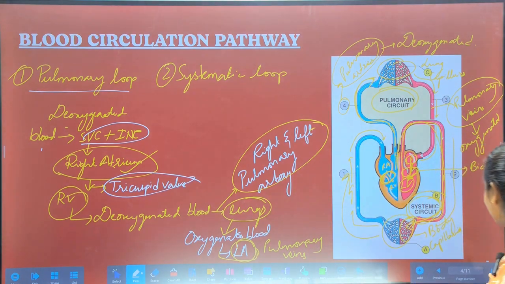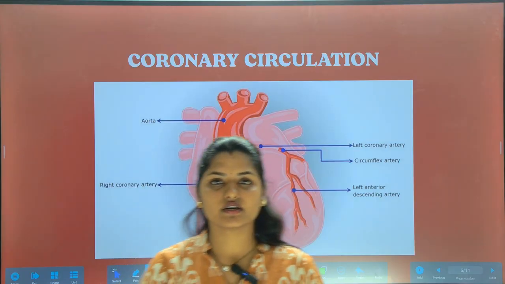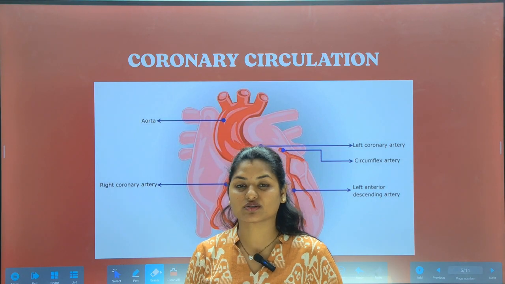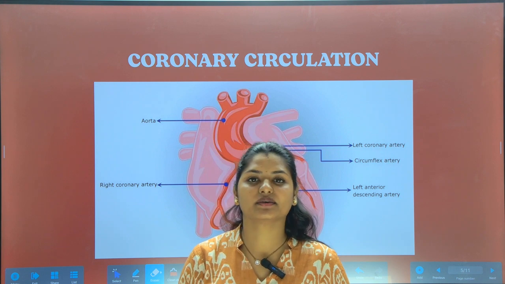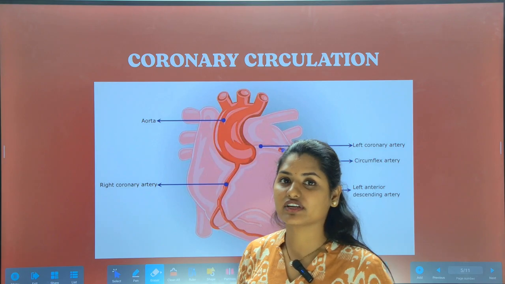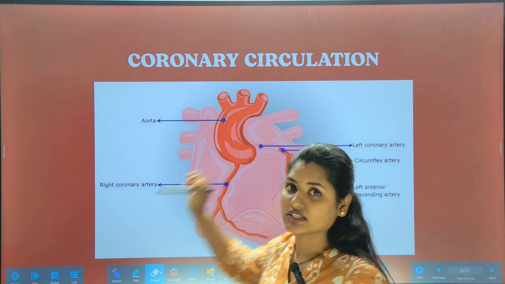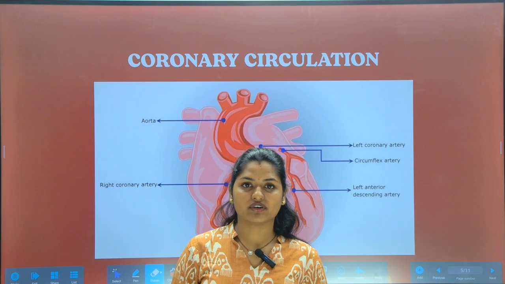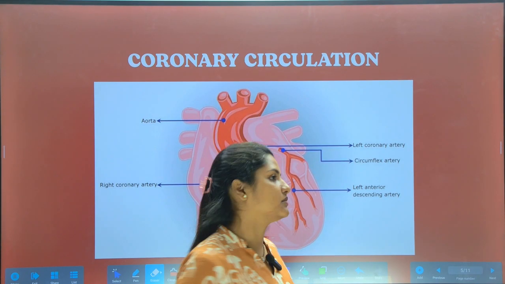Now we know that the heart pumps blood to every part of the body, and to the lungs also. But how does the heart get blood? I mean, how do the heart muscles get blood? Here we have a natural phenomenon called coronary circulation. In this circulation there are two types of arteries which help in circulating the blood.